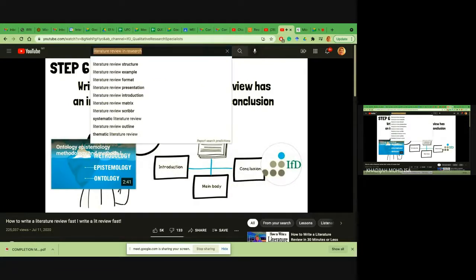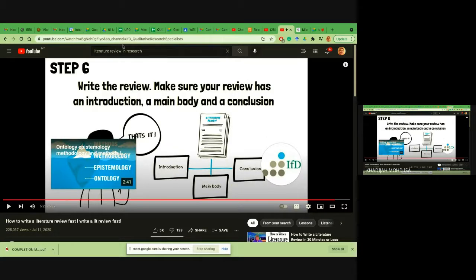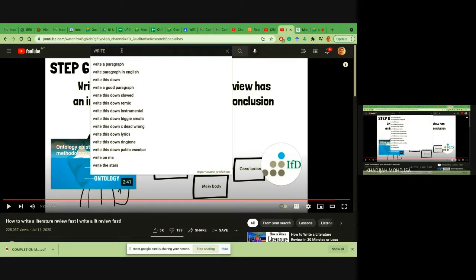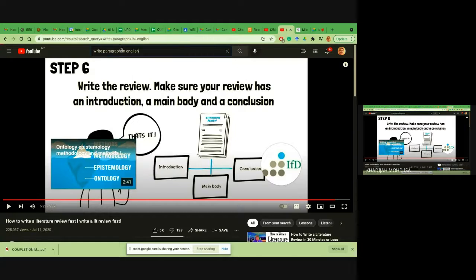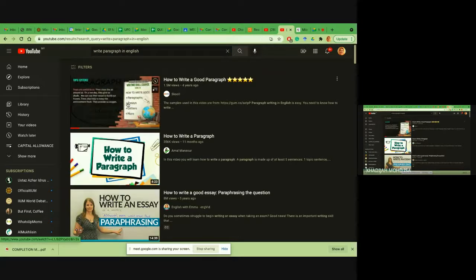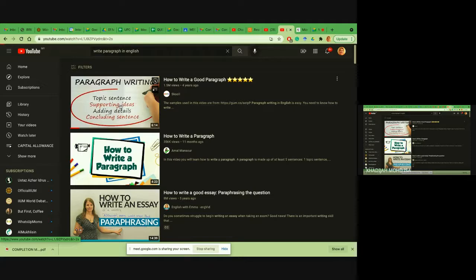Make sure it has an introduction, main body. Hold on, I am looking for the paragraph. Okay, this one is also good. I hope that this is the one.